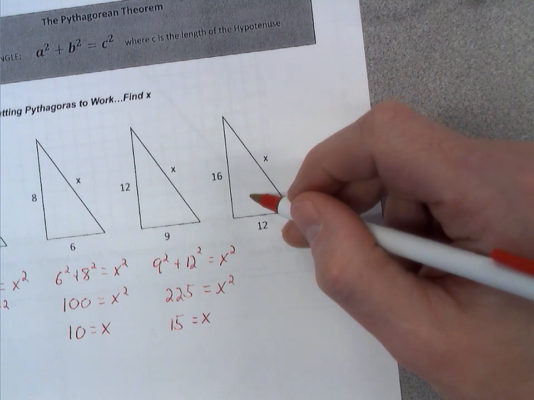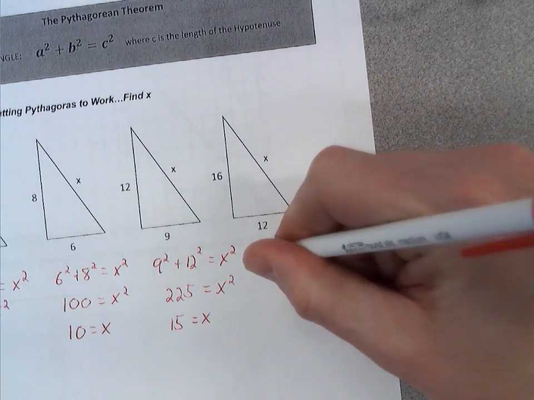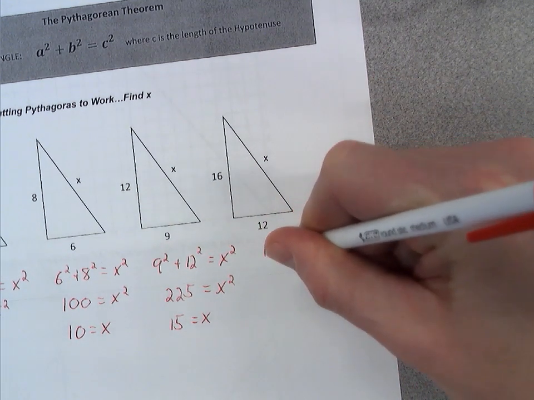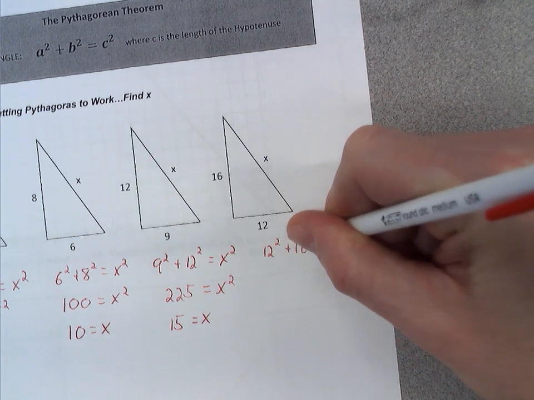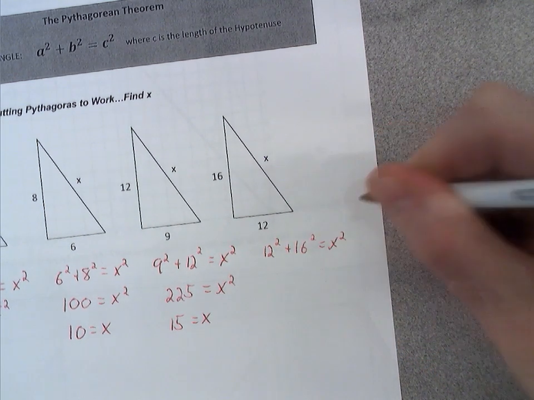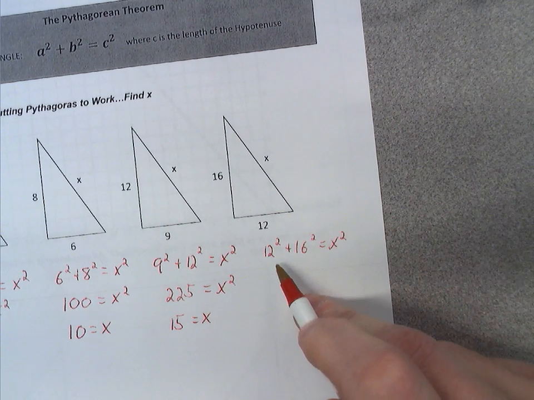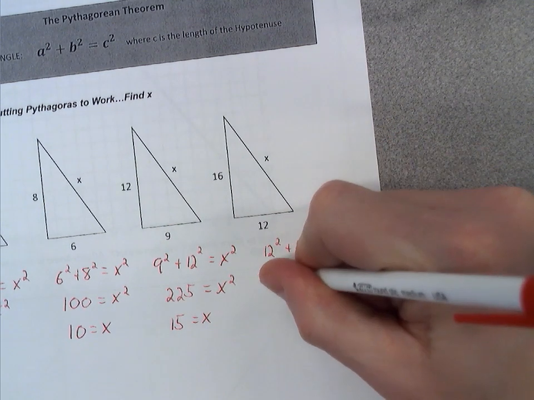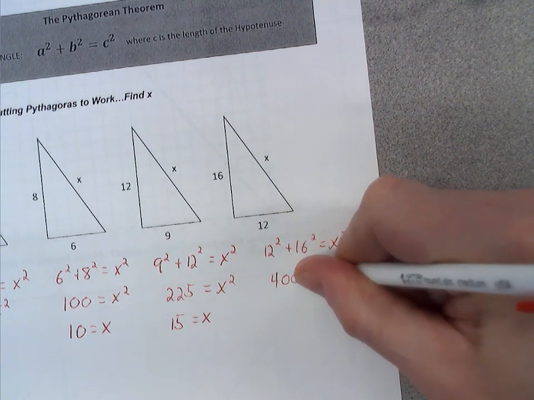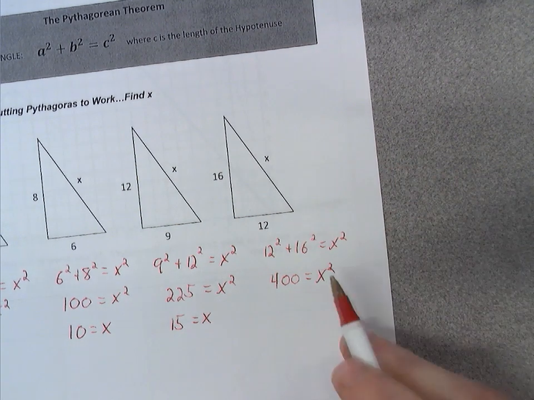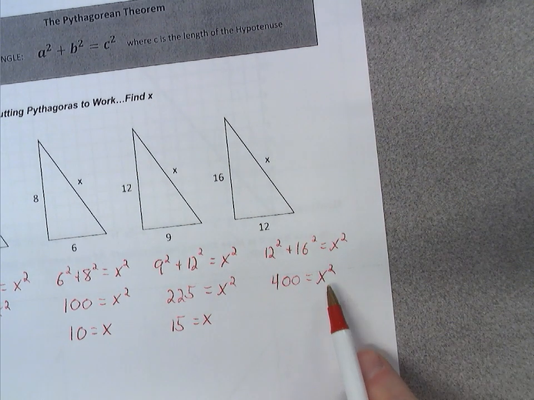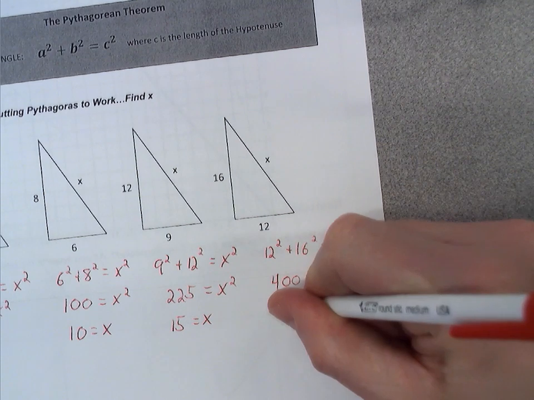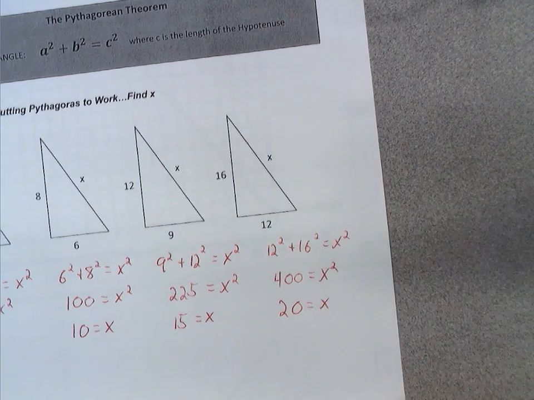Let's try this last one. 16 and 12, so we've got 12 squared plus 16 squared equals x squared. Add the squares of those together, and we get 400 is equal to x squared. Take the square root of 400 and the square root of x squared, and we get 20 is equal to x.